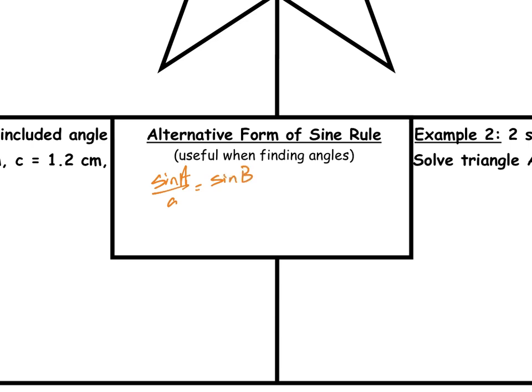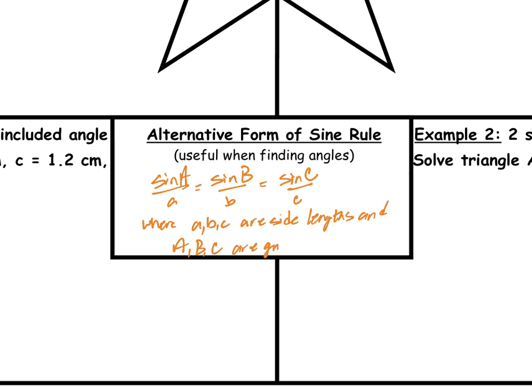The sine of B over b equals the sine of C over c. Again, little a, little b, and little c are side lengths, and big A, big B, and big C are angles in degrees.